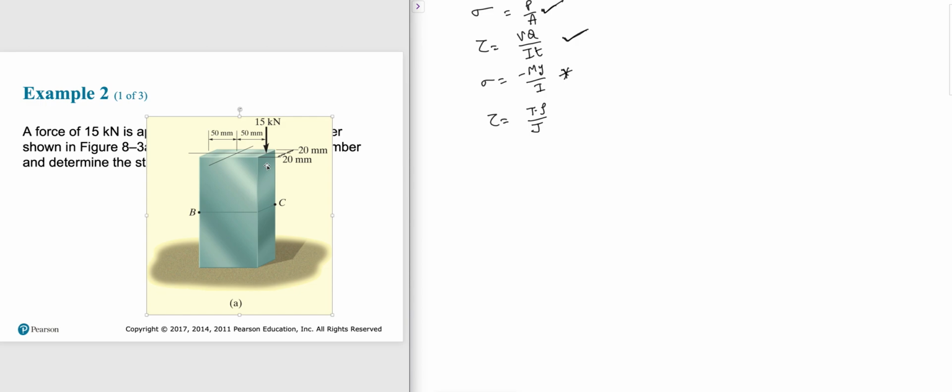Oh, 15 is trying to compress. So are you sure B will also be encountering a compressive force? Because you see this 15 kilonewton is at an offset from this axis. Let me draw. So this is an axis, right? With respect to this axis, 15 kilonewton is at an offset by 50 millimeter. That means isn't 15 kilonewton causing a moment with respect to this axis?